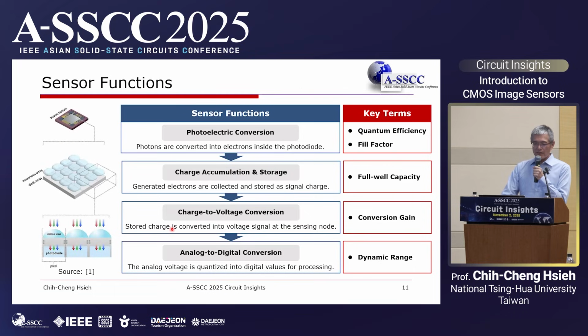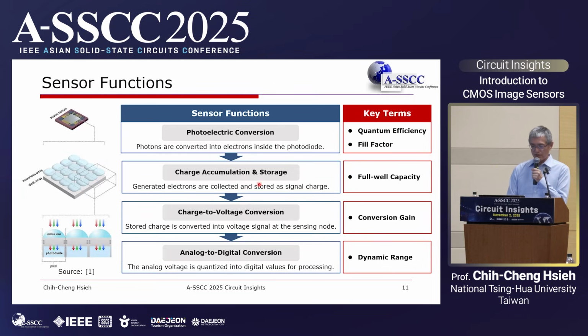Okay, we mentioned that there are several things that happen in the sensor. The first thing is the photoelectric conversion. And the purpose of photoelectric conversion is to convert the photons to free electrons. In this stage, we need to define the key terms, which are the quantum efficiency and the fill factor. And the other thing is the charge accumulation and storage stage.